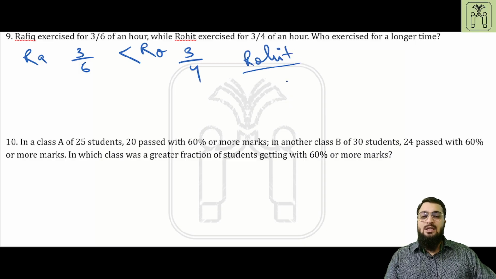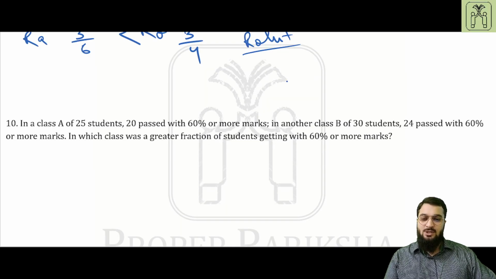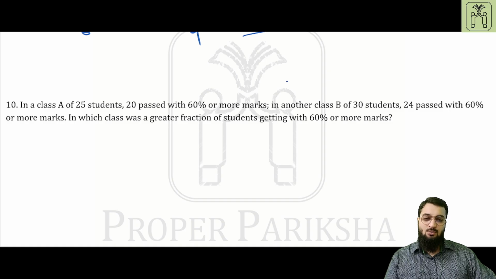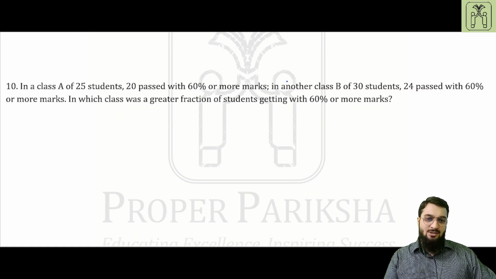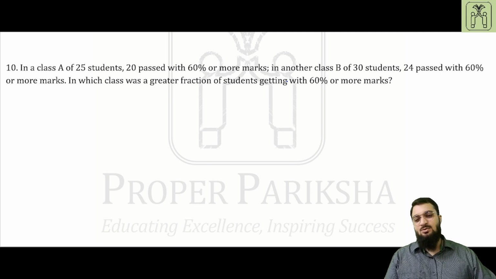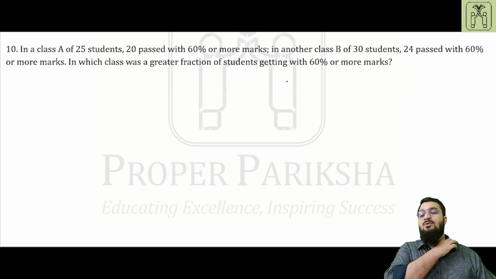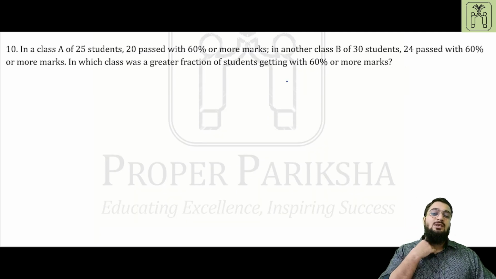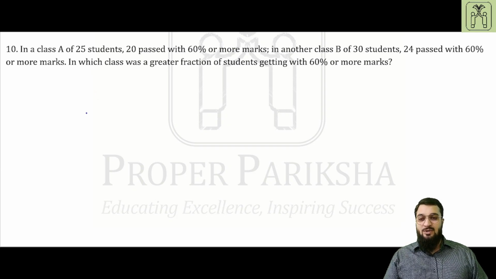Question number 10. In a class A of 25 students, 20 passed with 60% or more marks. In another class B of 30 students, 24 passed with 60% or more marks. In which class was a greater fraction of students getting 60% or more marks? So we have been given two different pieces of information for a particular scenario, that is, passing with 60% or more marks.